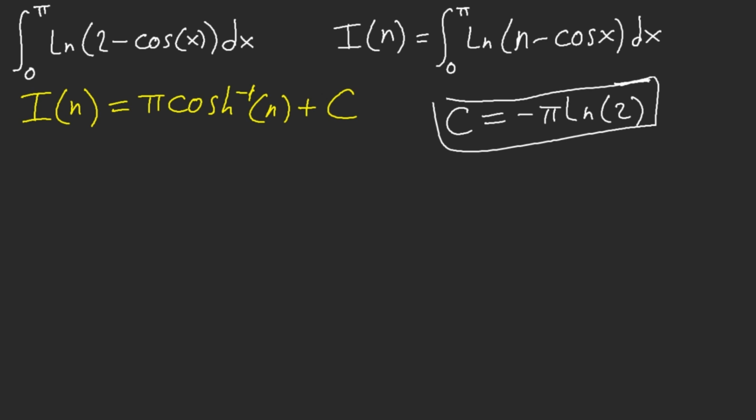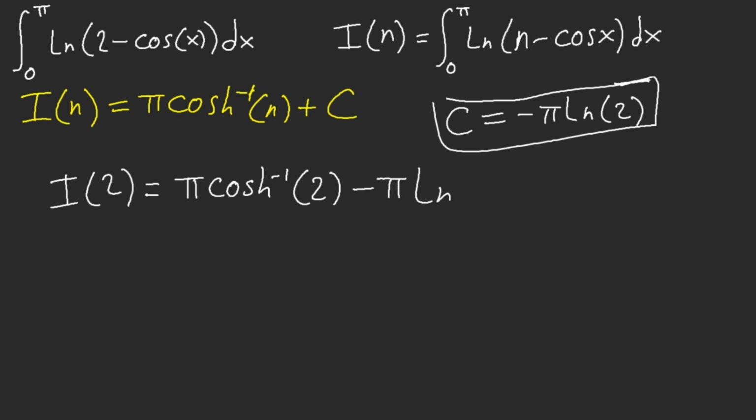So now, what is our answer? What we have is I of 2, which is equal to pi inverse cosh of 2 minus pi ln of 2.